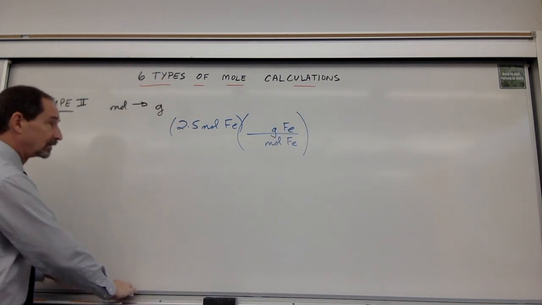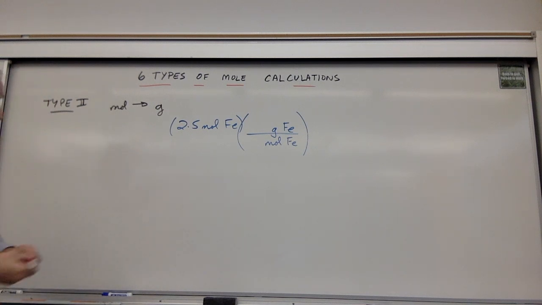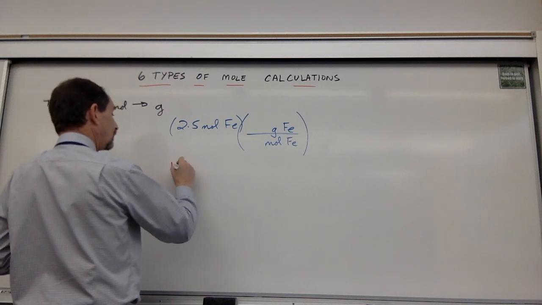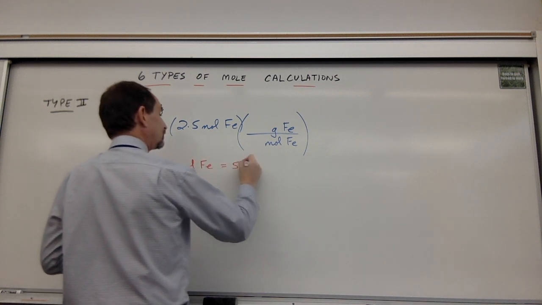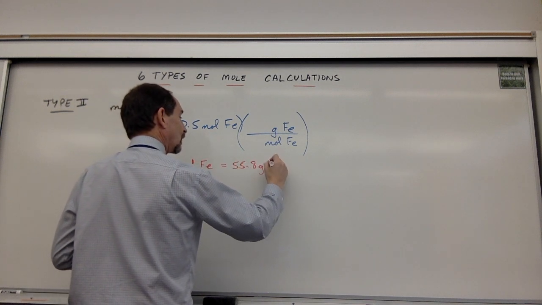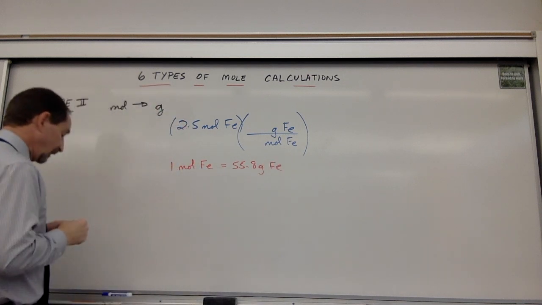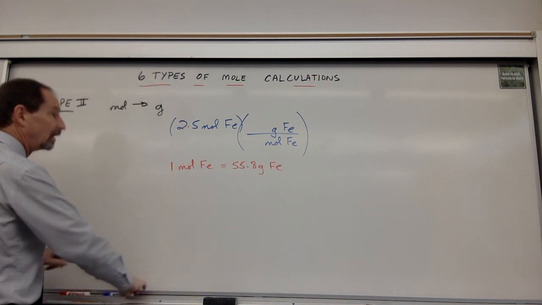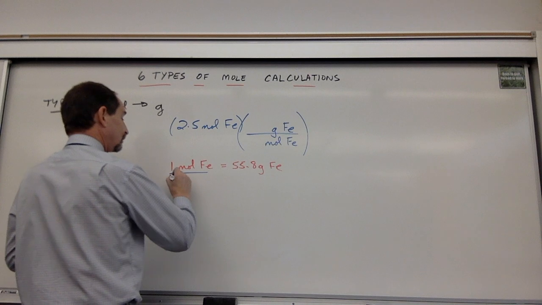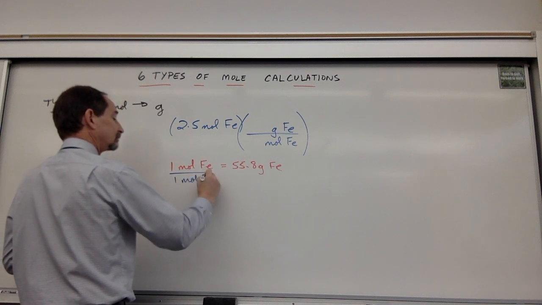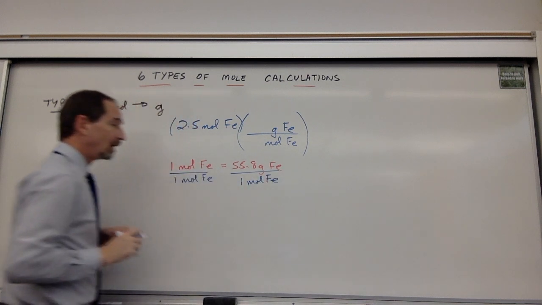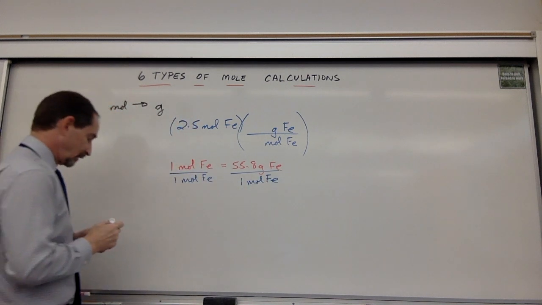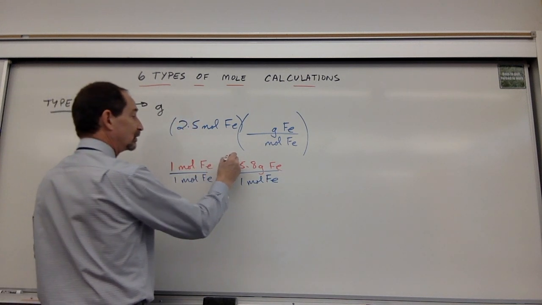And I'm simply going to do that by developing the unitary rate that I did before. 1 mole of iron equals 55.8 grams of iron. And this time I'm going to divide by 1 mole. That gives me a unitary rate that once again I can use right here.